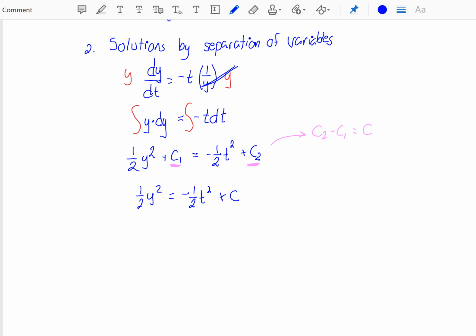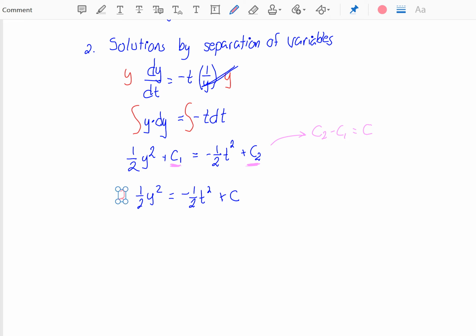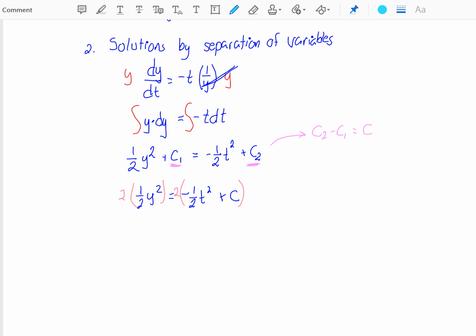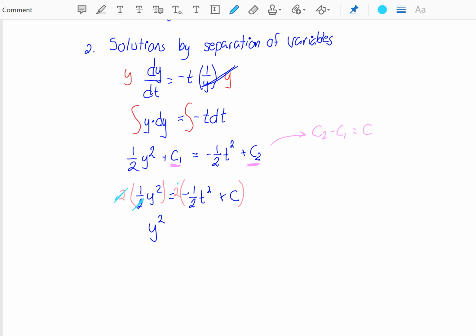Okay, let's continue to solve for y. Maybe we could multiply both sides by 2, so that these 2's will cancel. And we'll get y squared. You'll probably want to distribute this 2 into the parentheses.